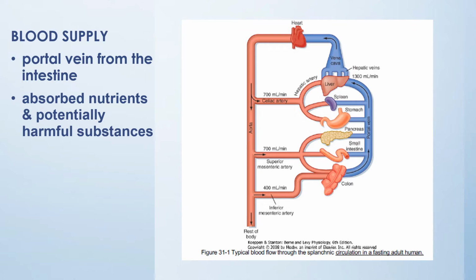Thus, the liver does not only receive nutrients but also potentially harmful substances. Depending on the efficiency with which these molecules are extracted by the hepatocytes, they are all subjected to what we call the first-pass metabolism.